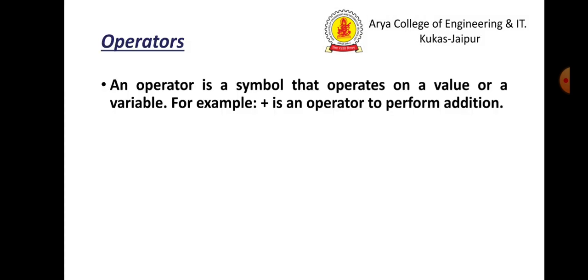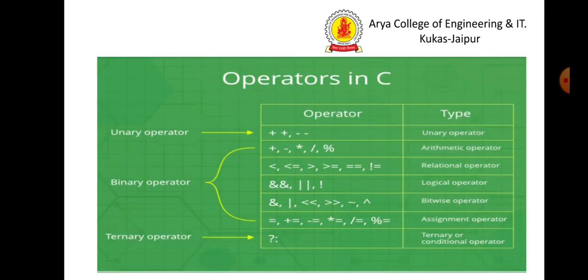Then the operators. An operator is a symbol that operates on a value or a variable. For example, plus is an operator to perform addition. Operators are divided into three categories: unary operator, binary operator, and ternary operator. Unary operators need one operand to execute, like ++, --, ++i, --i.